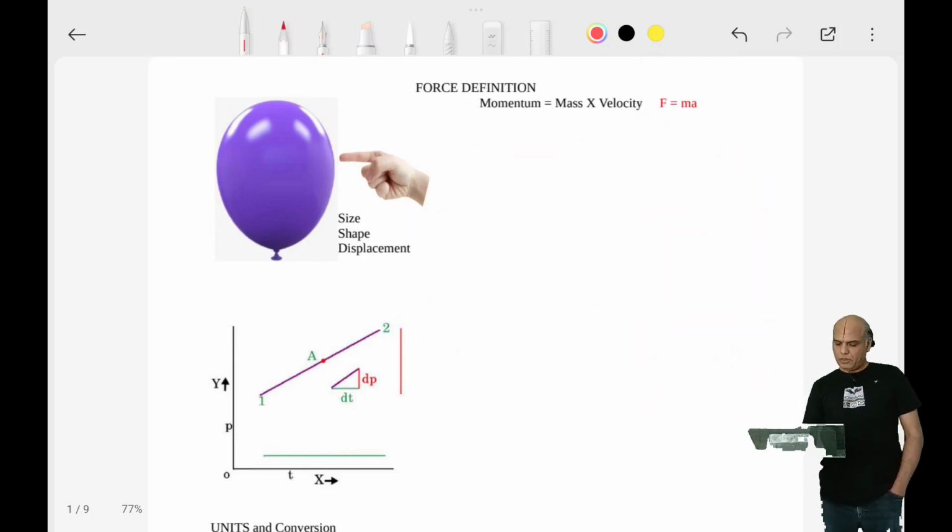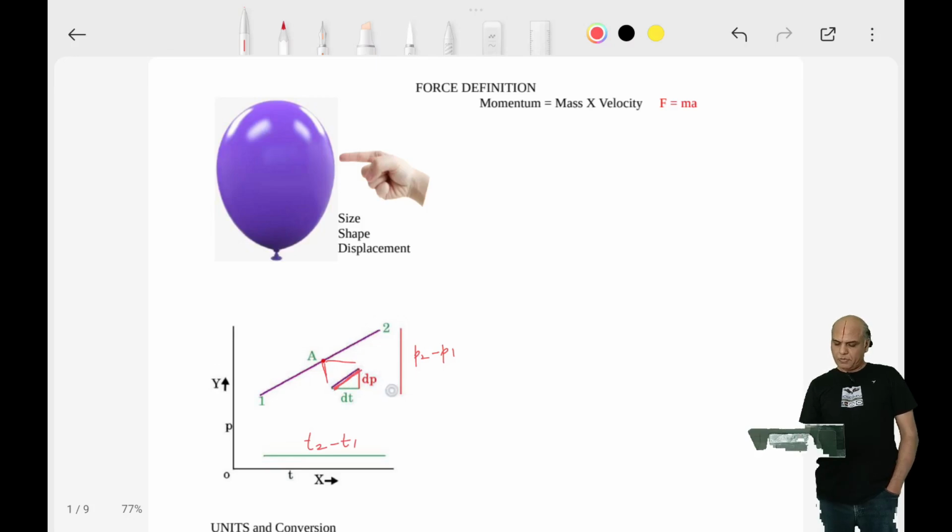Now suppose on this graph a point A exists and I am blowing it up. So the vertical line is P2 minus P1, and the horizontal line is T2 minus T1. If I blow up this point A, the point is shown as a small line.